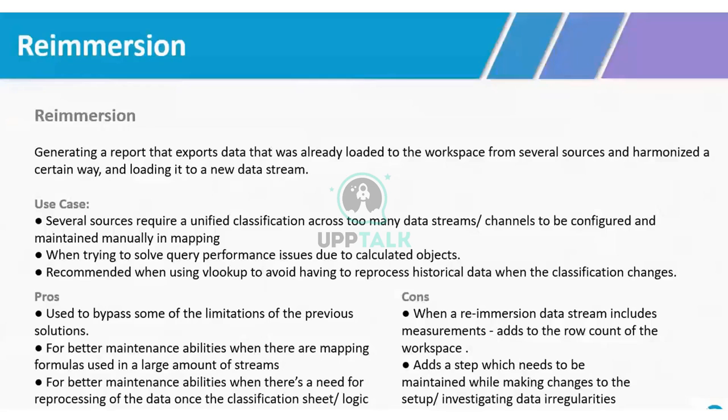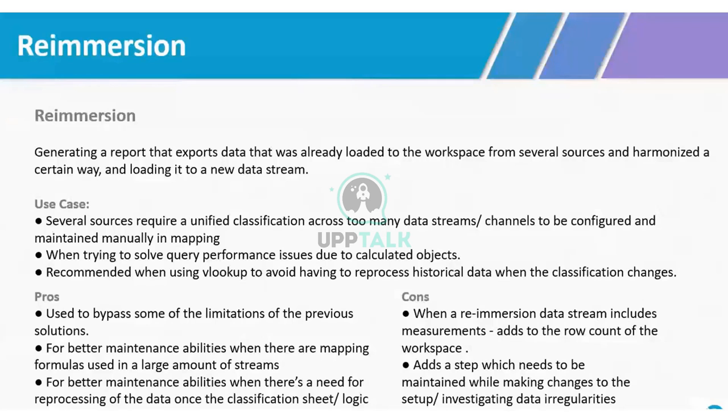If we don't pull in measurements, we may have a data loss. That's why it is recommended to not use only one measurement, but at least two. If there are zeros in impressions, we have another measurement, clicks, which comes as a backup, so that we don't have any dimension data loss.